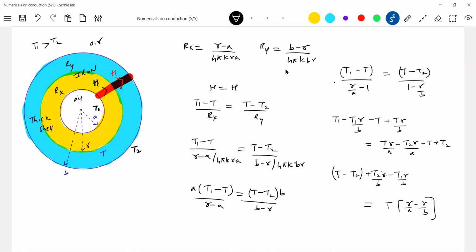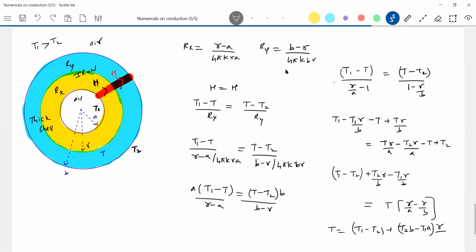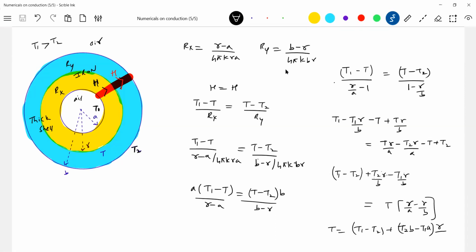Check it once. So this R also, if you want, you can take common and further write. So this will be T is equal to T1 minus T2, T2B minus T1A. Oh, this everything is B. Check the calculation once.